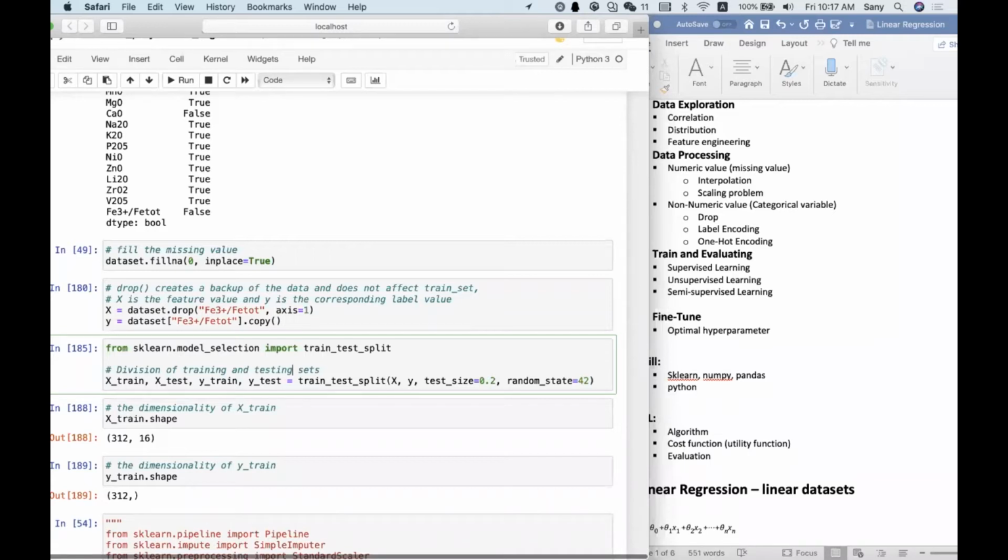So the training set represents the old experience, the old data you use to feed the machine, or to train your baby.